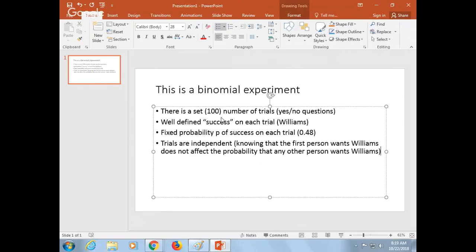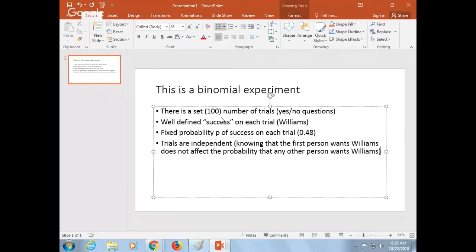It's real tempting to think, oh, we're due for a Gianforte, we're due for another answer. But that's not how independent trials work. Independent trials mean maybe you'll get a Gianforte, maybe you'll get another Williams. There's a 48% chance you get another Williams.